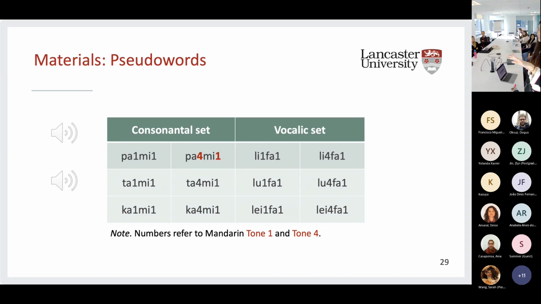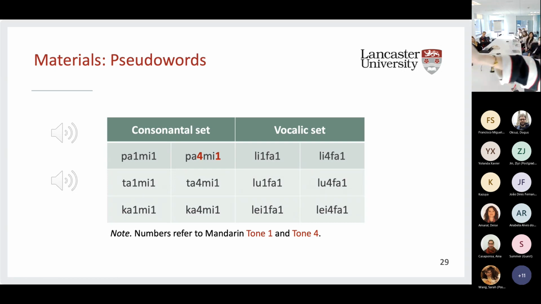So we have a consonant set, where the words differ in the first consonant, and a vocalic set, which differs in the first vowel, so that we can create minimal pairs using these words. I cannot play the audio here, but I can pronounce it, and see if you can hear the tonal differences.